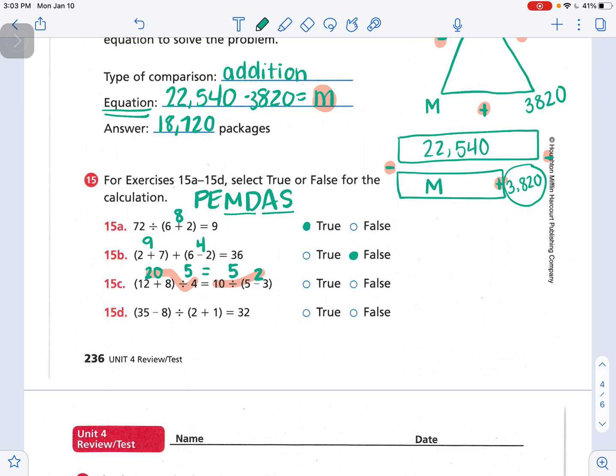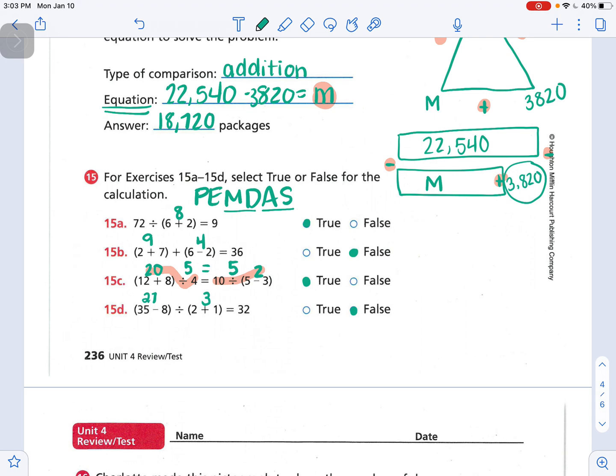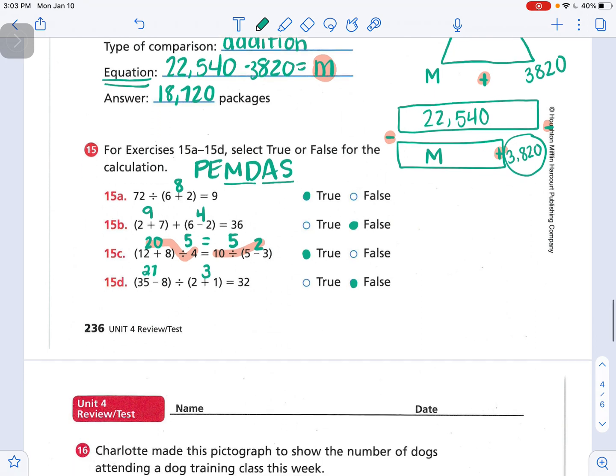Does 5 equal 5? Yes, it does. That is true. So this is the next one now, 35 minus 8. I'm going to do my parentheses first. 35 minus 8 is 27. Then I'm going to do 2 plus 1 is 3. 27 divided by 3 is not 32, so that is false.